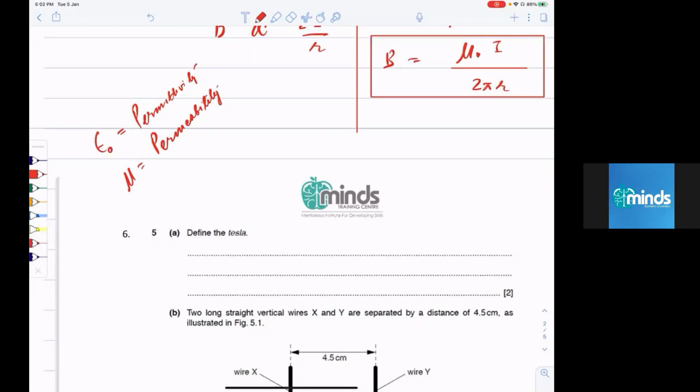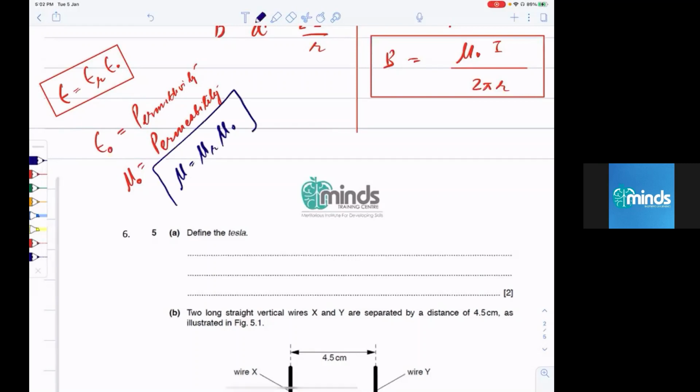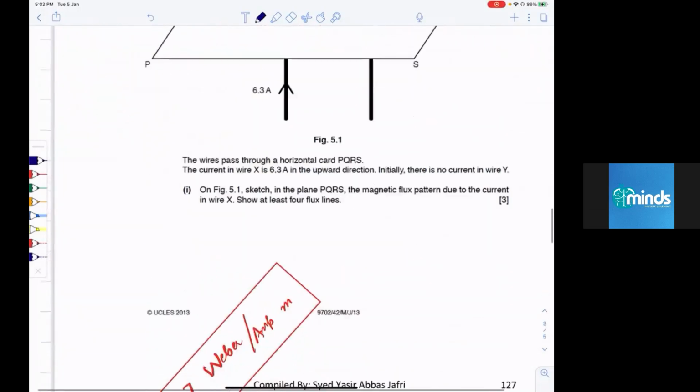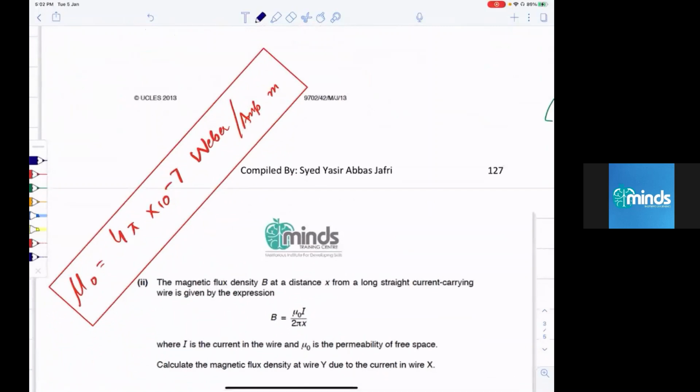The least value of permeability is once again for free space. We know the formula epsilon is epsilon r epsilon naught, where epsilon r is the relative permittivity. Similarly, we have an equation which says mu equals mu r mu naught, where mu r is the relative permeability and mu naught is the permeability of free space. And the value of mu naught is 4 pi times 10 to the minus 7 Weber per ampere meter.